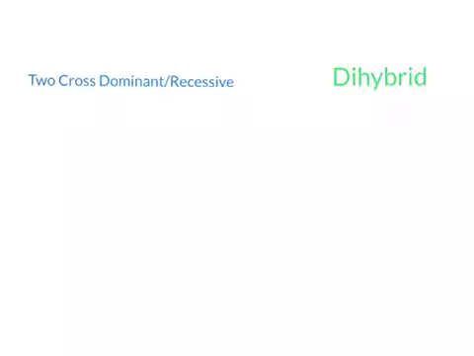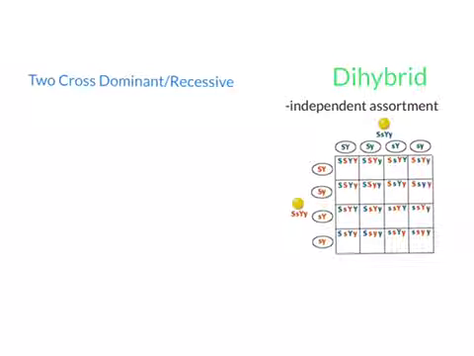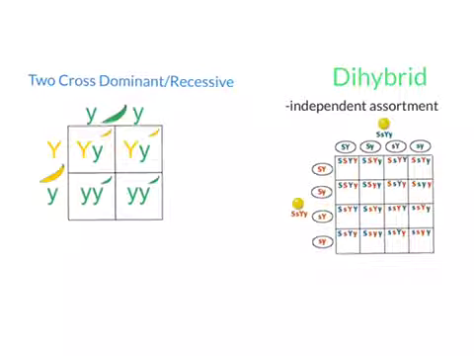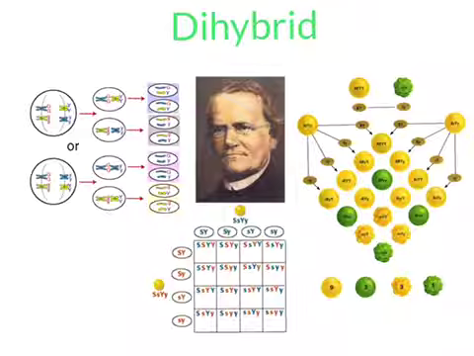In a dihybrid cross, the two separate traits undergo independent assortment, meaning that how one trait is inherited doesn't affect how the other trait is inherited. The dihybrid cross Punnett square also contains 16 squares as opposed to the 4 in the dominant recessive two-trait Punnett square.